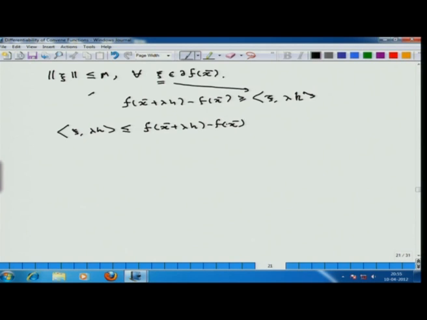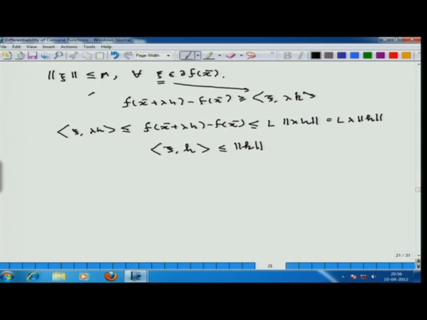When λ is sufficiently small, x bar + λh is very near x bar, so it is within some neighborhood, and then applying local Lipschitzianness, the left side is at most L times λ times the norm of h. The λ cancels out to give ξ·h ≤ L times the norm of h.